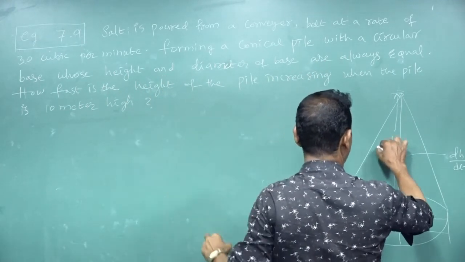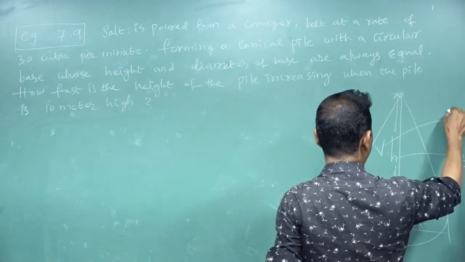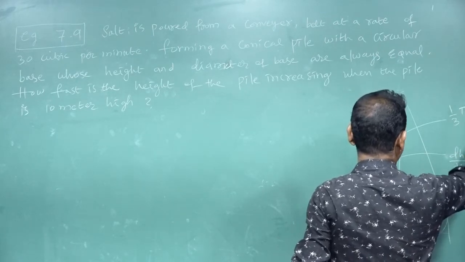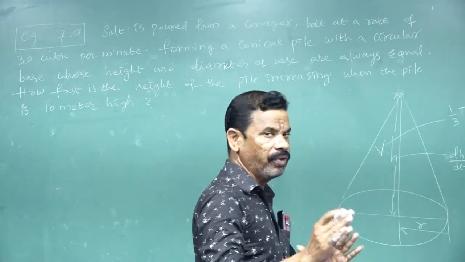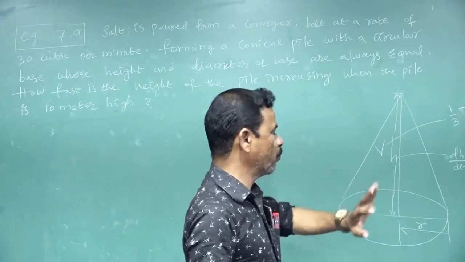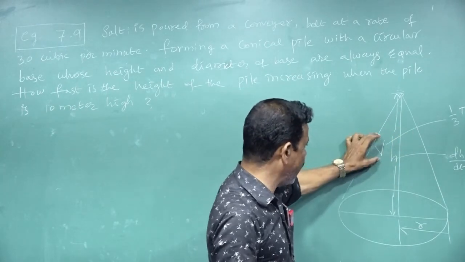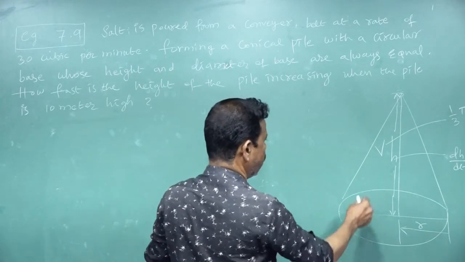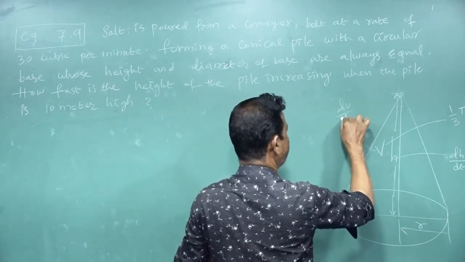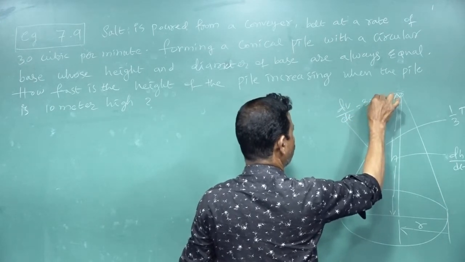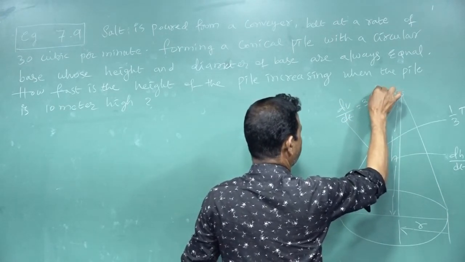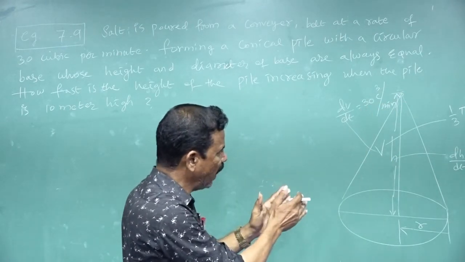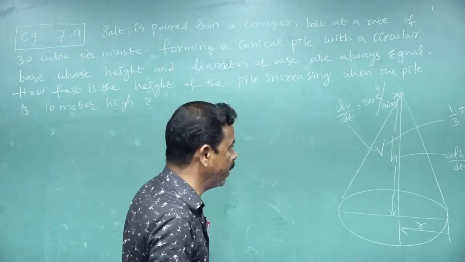So the volume formula for the cone is 1 by 3 pi r square h. The rate given is dv by dt, 30 cubic meters per minute. From these values we calculate dh by dt.